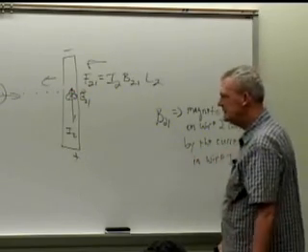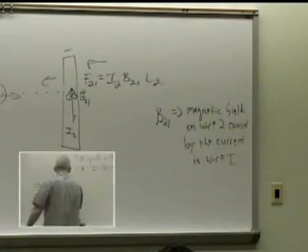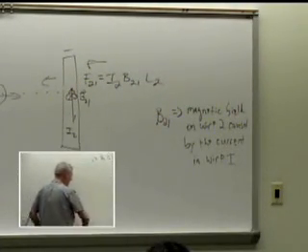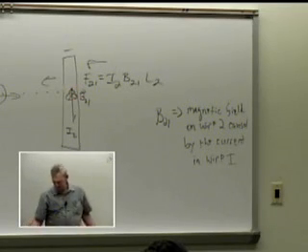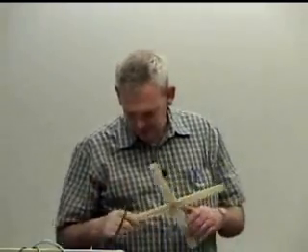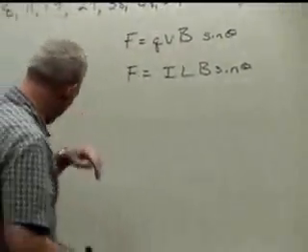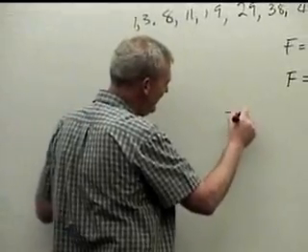Okay. Now, we can extend this idea, and then we'll do homework. Well, you already saw the torque thing. Okay, here's how torque works. Let's say we've got a magnetic field.